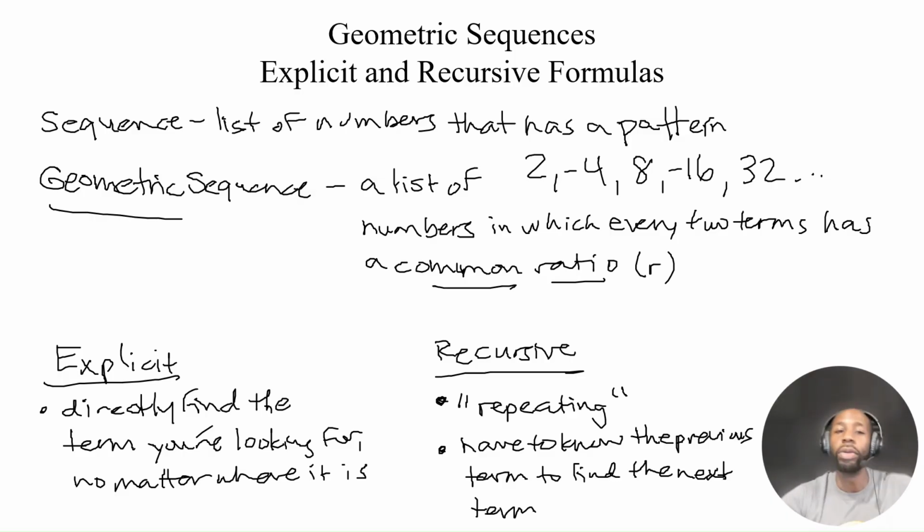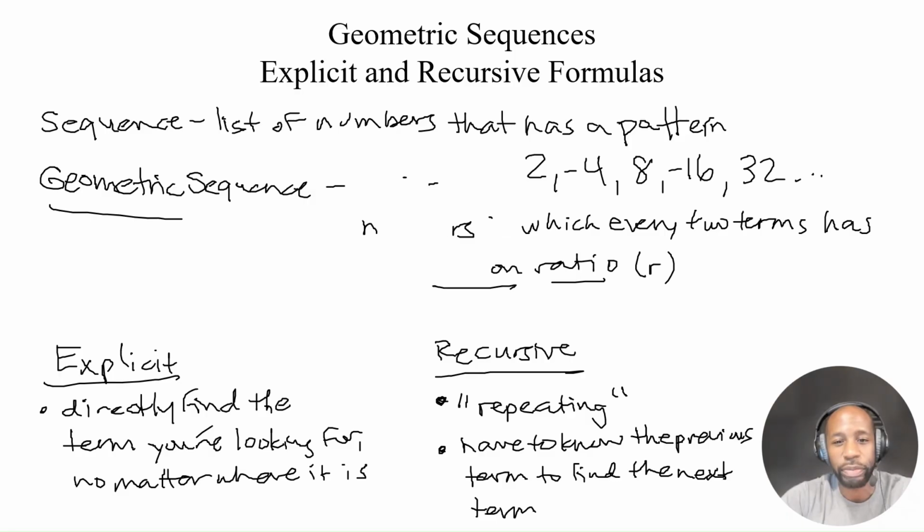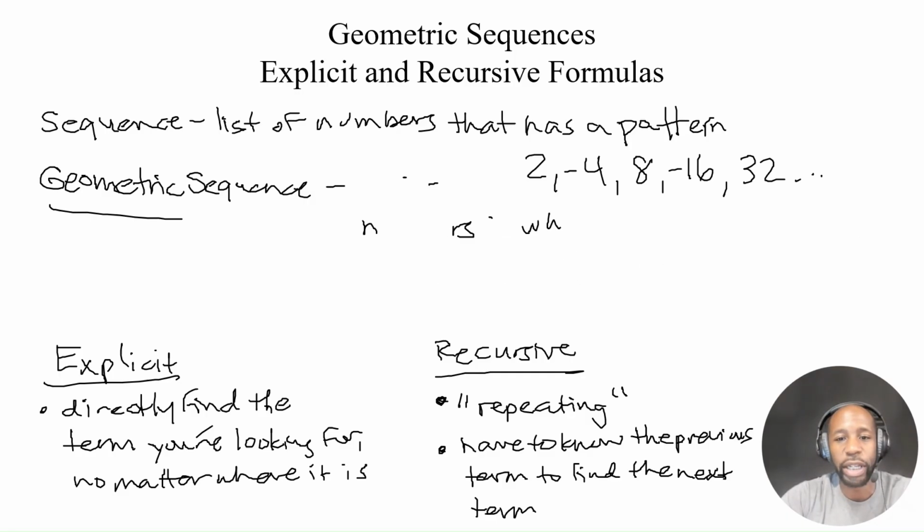All right, so what we're going to do is just one example of what we have here, the 2, -4, 8, -16, and so on. Hopefully you've taken these other notes. Let's get rid of this stuff here to get our space back.